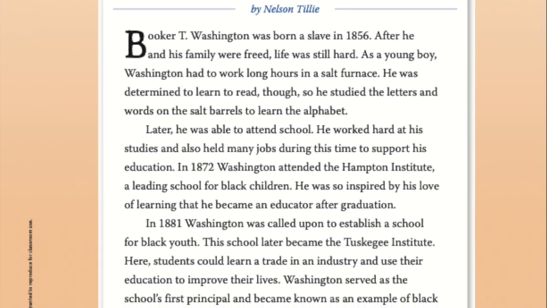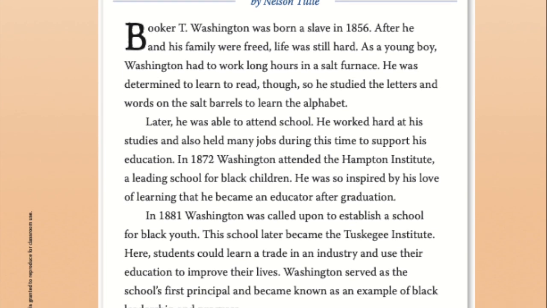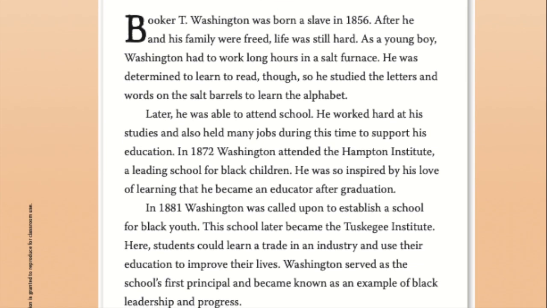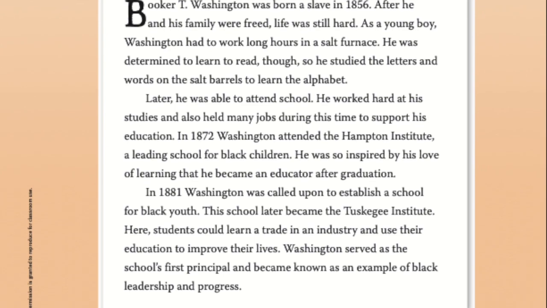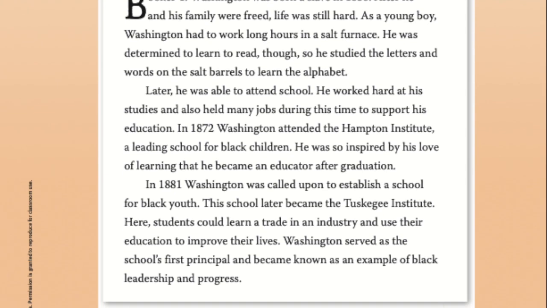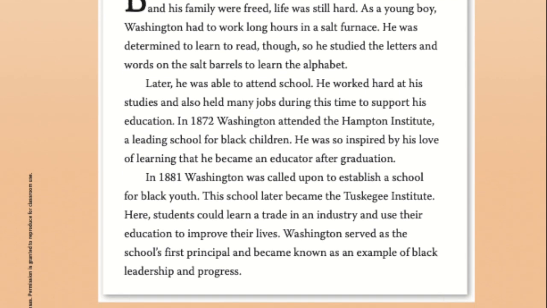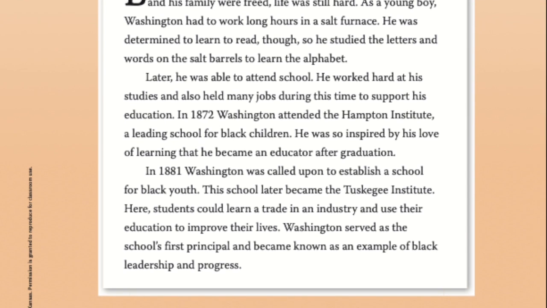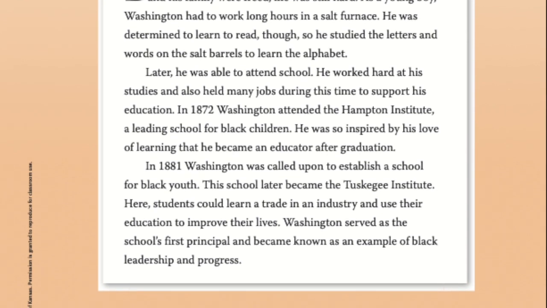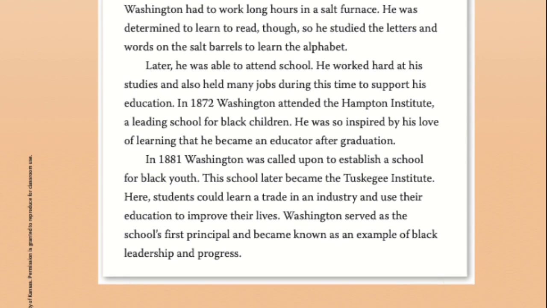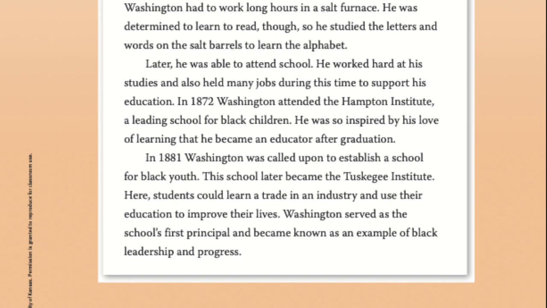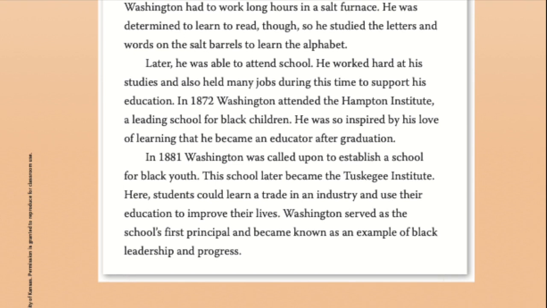He was so inspired by his love of learning that he became an educator after graduation. In 1881, Washington was called upon to establish a school for black youth. This school later became the Tuskegee Institute. Here, students could learn a trade and an industry and use their education to improve their lives. Washington served as the school's first principal and became known as an example of black leadership and progress.